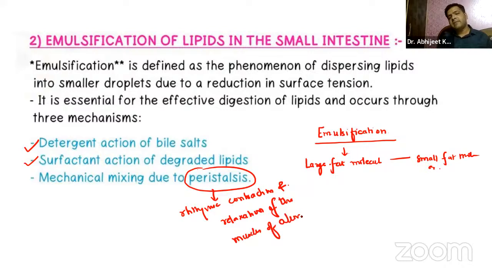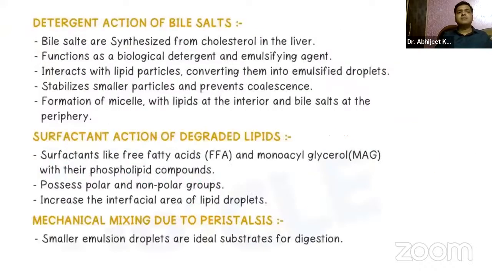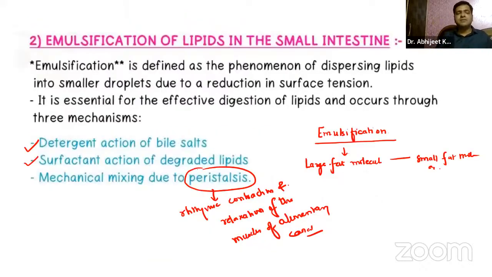There is mechanical mixing due to the rhythmic contraction of the muscles of the small intestine, and it is getting mixed, right? So that is aiding the process of digestion of lipids. Let us discuss all these three things one by one.